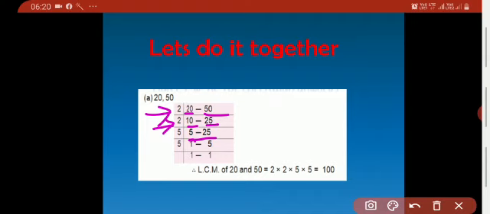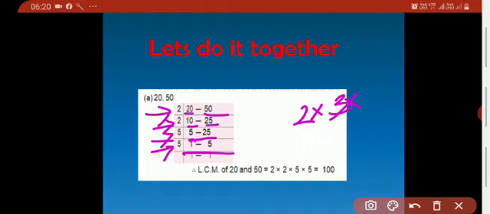Now we can see these two numbers are not divisible by 2, not divisible by 3. So we will opt for 5 and move to the next tier. The quotients are 5 divided by 1 is 5, and 25 divided by 5 is 5. In the next tier we have 1 and 5.